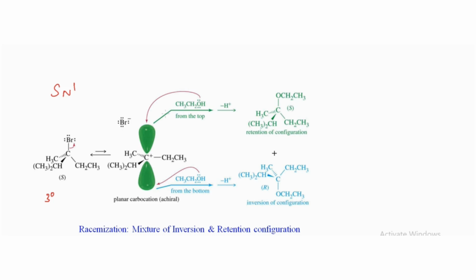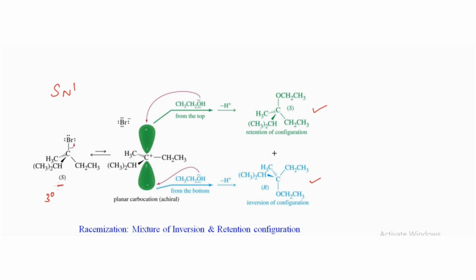If it attacks from the top side, you see you are getting this kind of molecule, and when you attack this carbocation from the bottom side, you are getting this type of compound. Now just closely observe the absolute configuration. The starting material is S configuration.